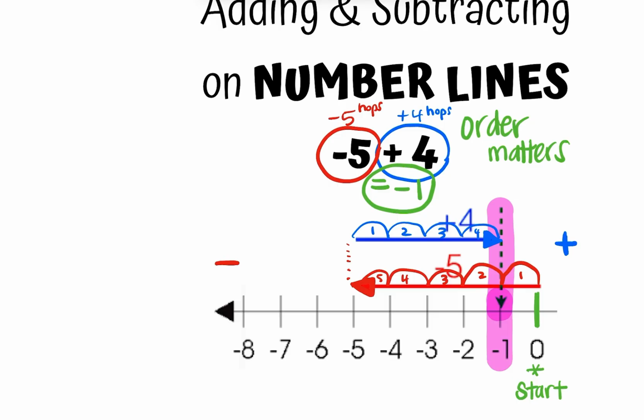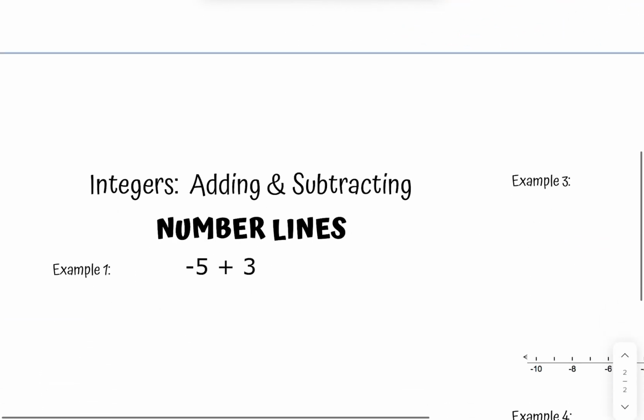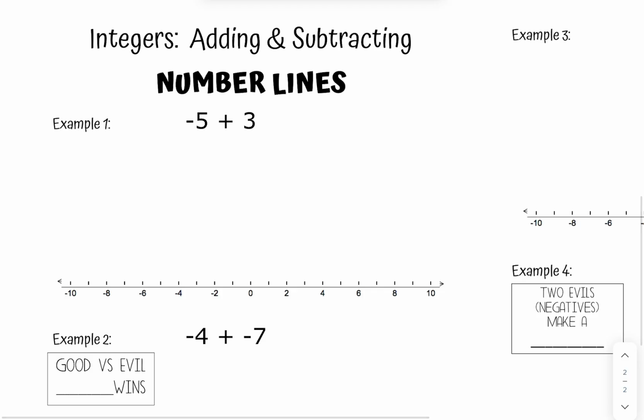So let's go practice on the inside of our notes, okay? So we're going to go on inside of our notes, open them up. So we have that same -5 and +3 this time, and I have my number line here at the bottom. So the first thing I'm going to do is grab my pen, and I'm going to circle from the back of the 3 to the back of the 5, and then I'm going to circle from the back of the 5 to the front, and I'm going to rewrite my numbers.